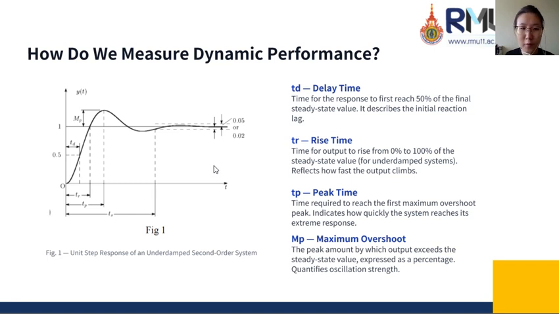We use four key time domain indices to evaluate its dynamic behavior. First, delay time, TD, is how long it takes the response to reach half of the final value.